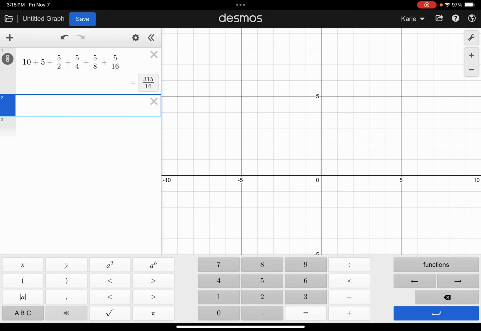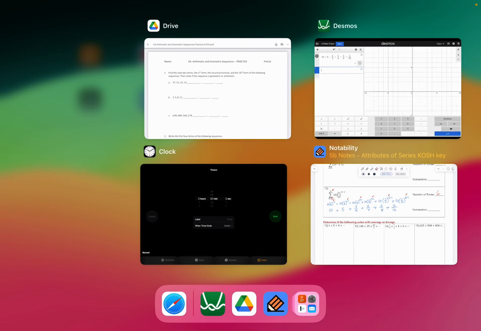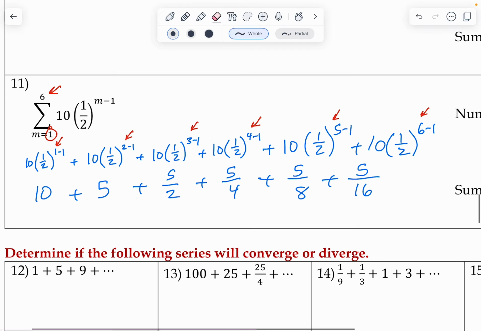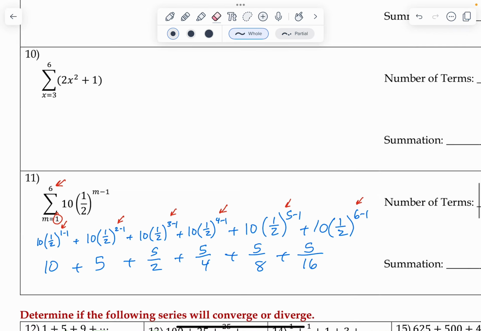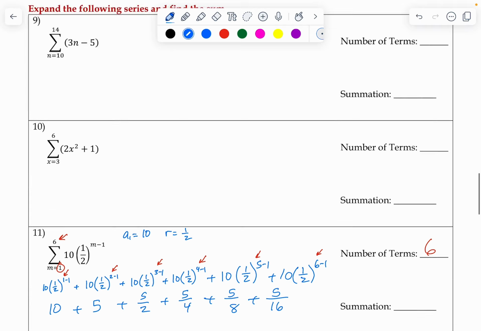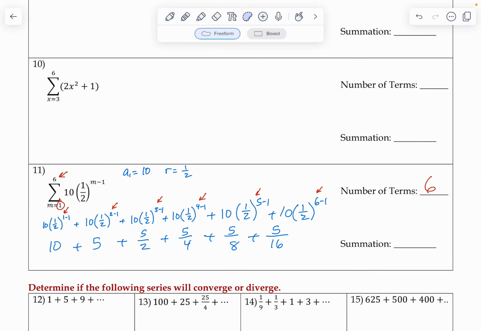Okay, what we will find is, over here, I can also use my formulas. So this is a geometric series where my first term, a sub 1, is equal to 10. My common ratio is equal to 1/2. And so I can use the formula. You know what? I'm about to make all this smaller.